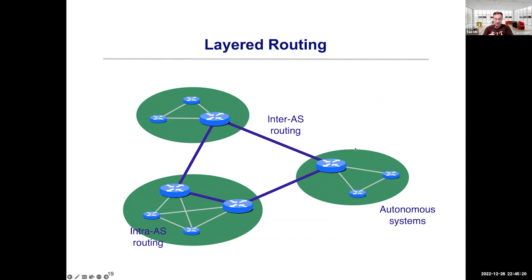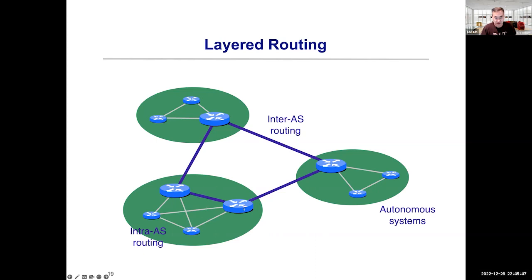These are the different autonomous systems, and intra means within. Okay, intra-autonomous system routing means that the routing information goes between these nodes only. It stays within the autonomous system. Within there, you could think of it as using the OSPF protocol.